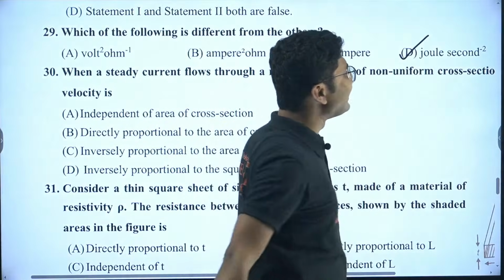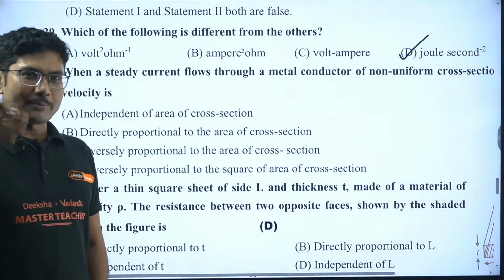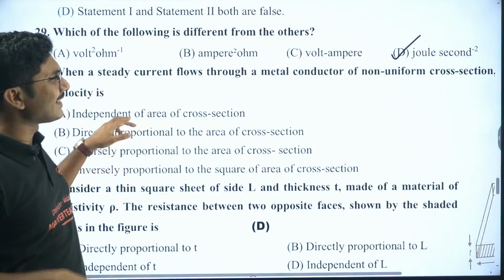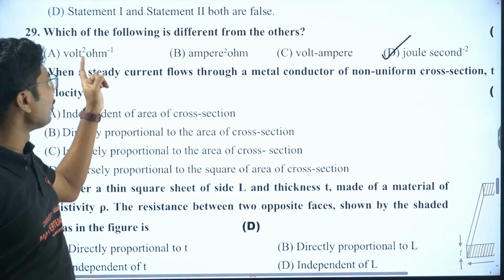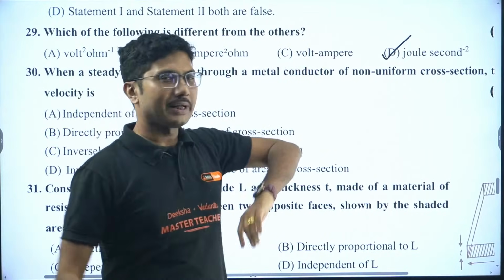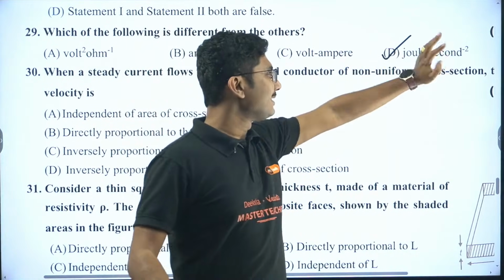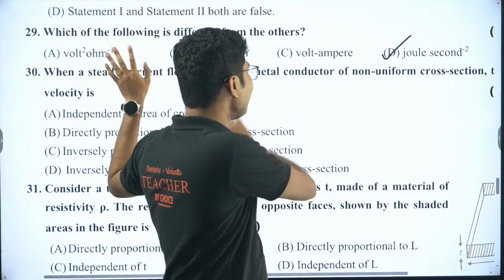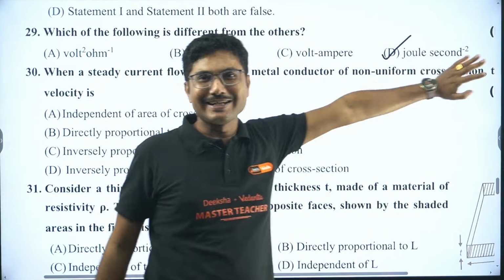You can answer this D, because even if you don't know, suppose you are a student who has not studied anything, you see everything has volt, ohm, volt, ampere, that means something is related. This is a completely different unit, so I will mark it. Joule second has nothing to do with volt ampere, so they can still get it correct.